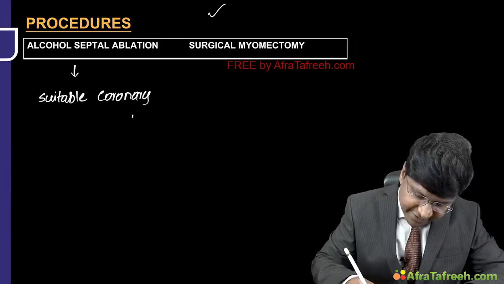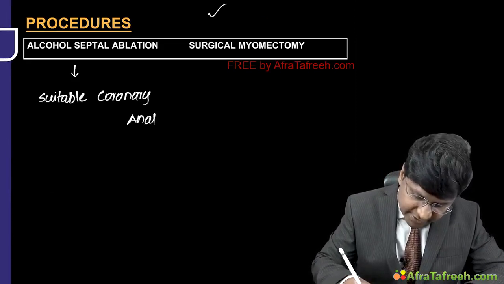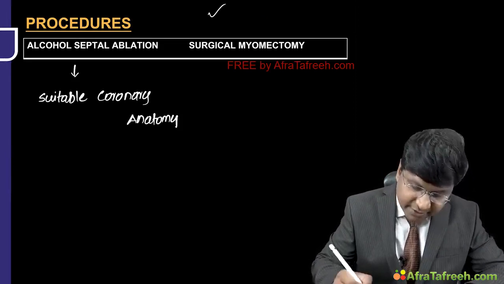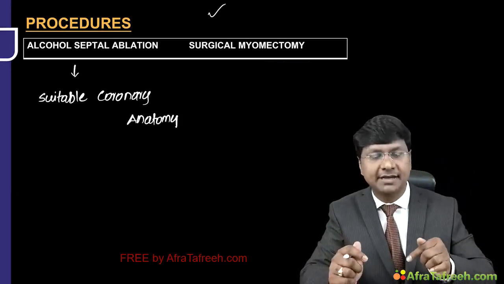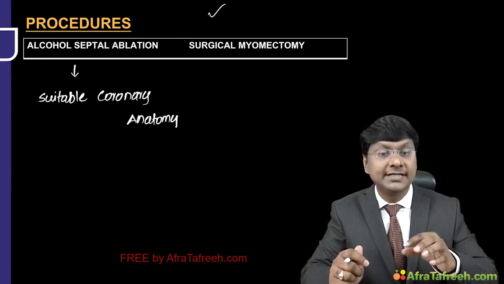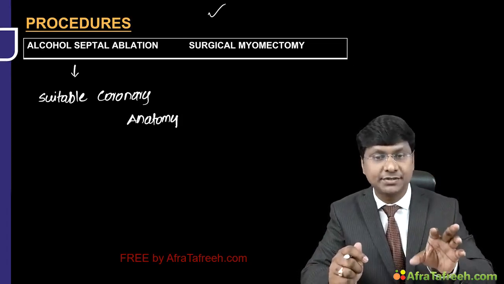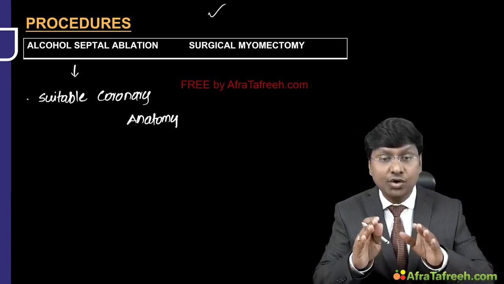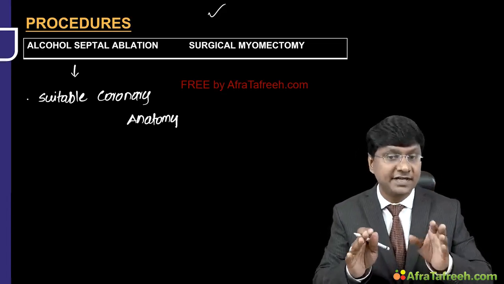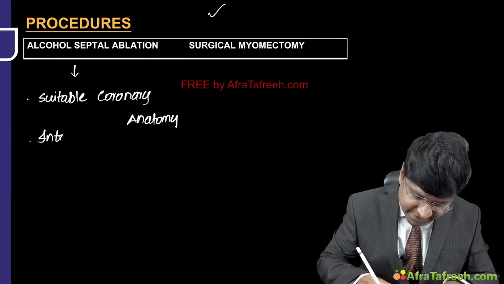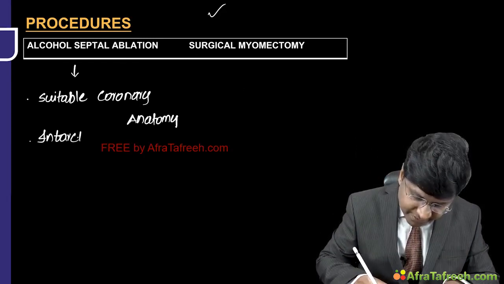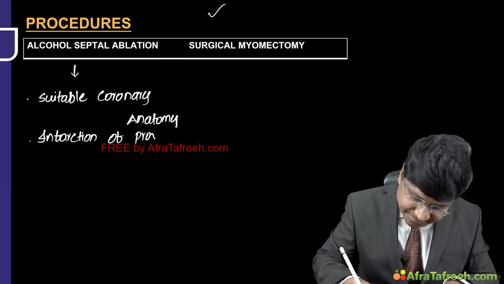Only if there is suitable coronary anatomy should you plan for the alcohol septal ablation. And by doing this, that will relieve the outflow tract obstruction by controlled infarction of the proximal septum. So by injecting the 100% alcohol, you are doing the controlled infarction of the proximal septum.